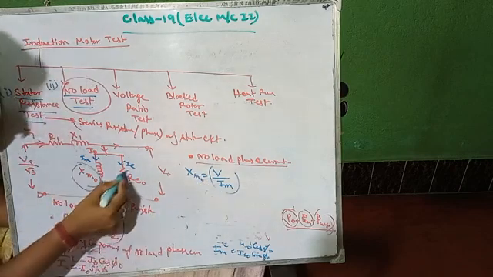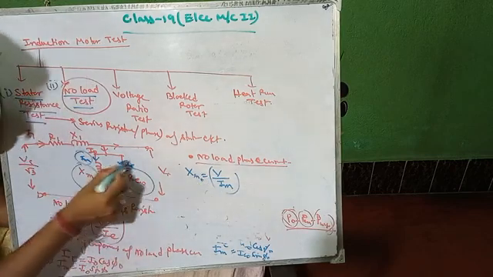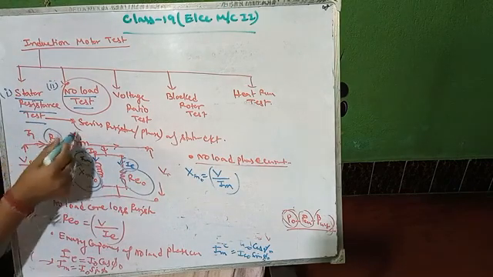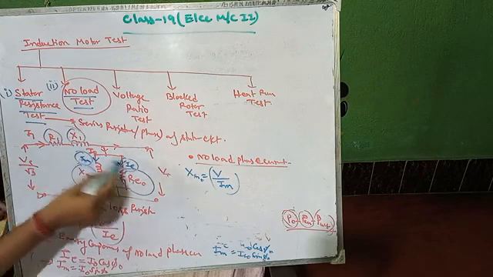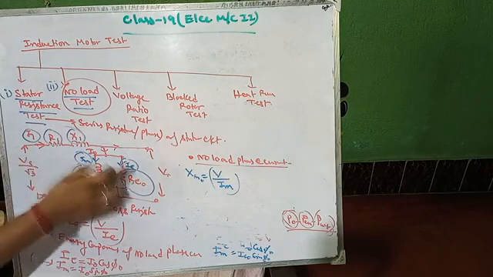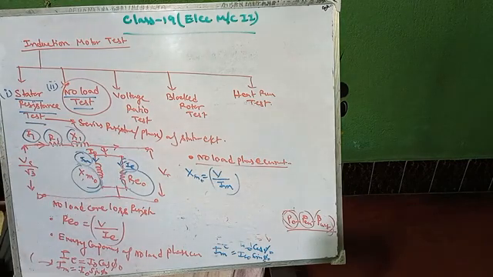So this component, this, this, this, this, this, 1, 2, 3, 4, 5, 6, and 7. These 7 components are called the no load parameters. So you have to calculate them by using these formulas step by step.